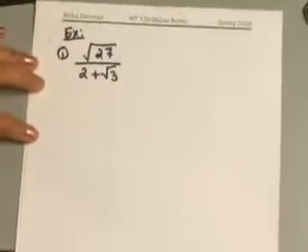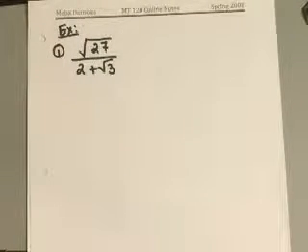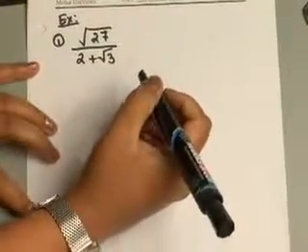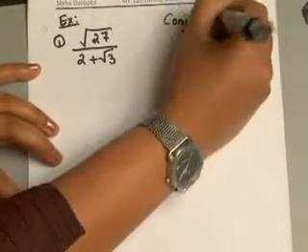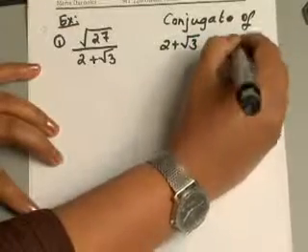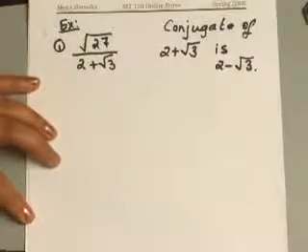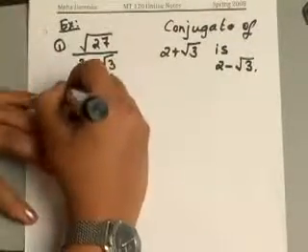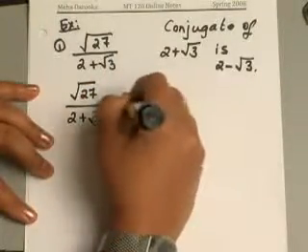Okay, so let's say we have something like this, square root of 27 over 2 plus square root of 3. So the conjugate of 2 plus square root of 3 is going to be 2 minus square root of 3. Okay? So we start by multiplying our expression here, both numerator and denominator, by the conjugate.